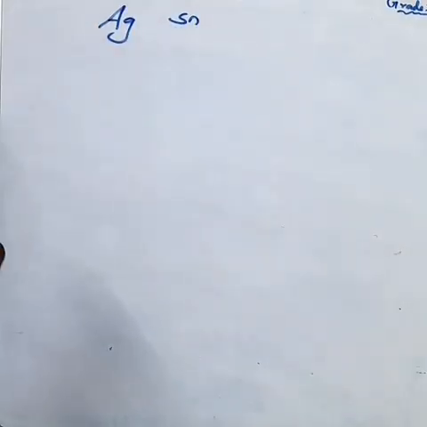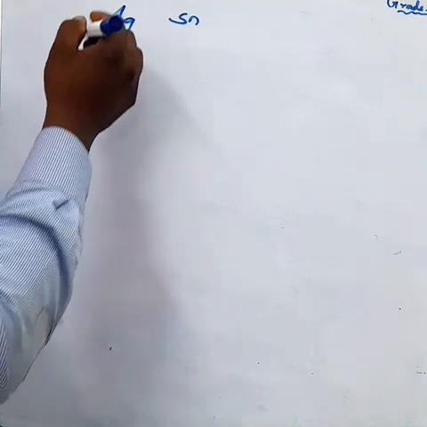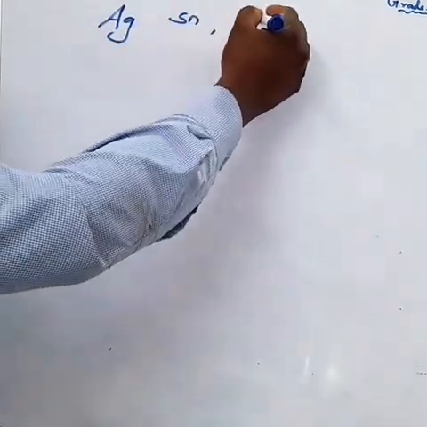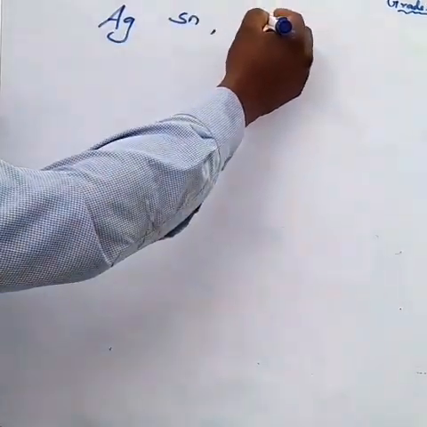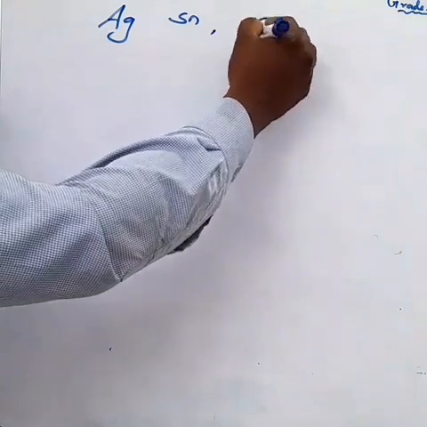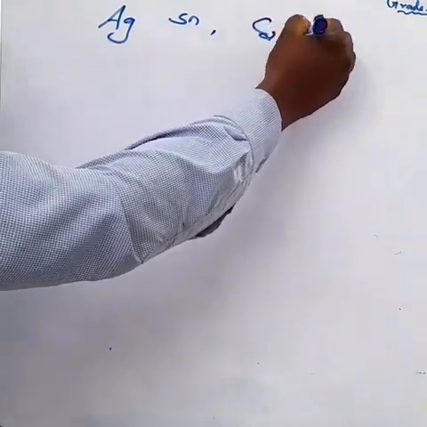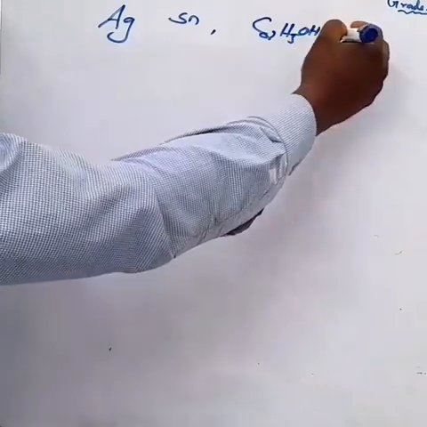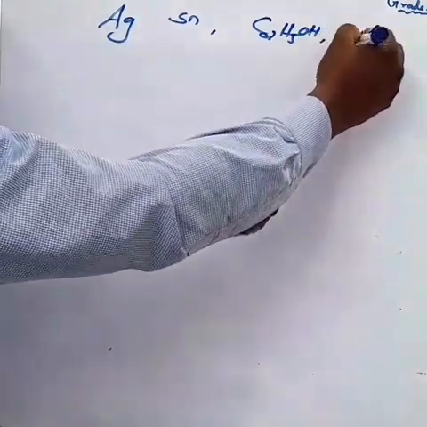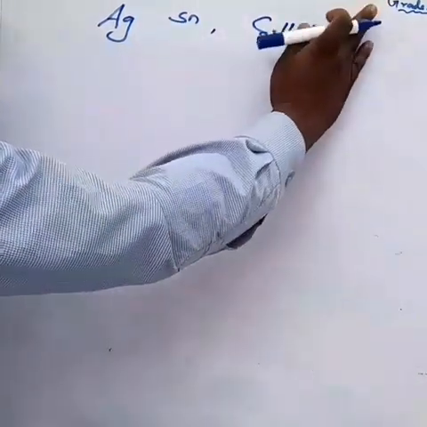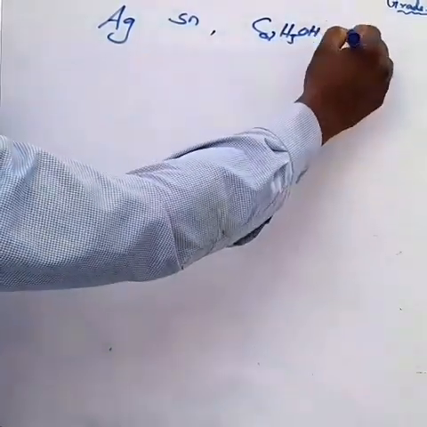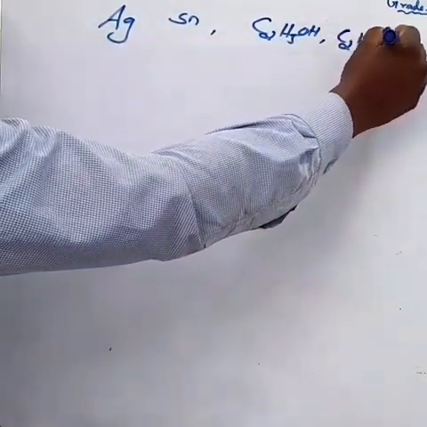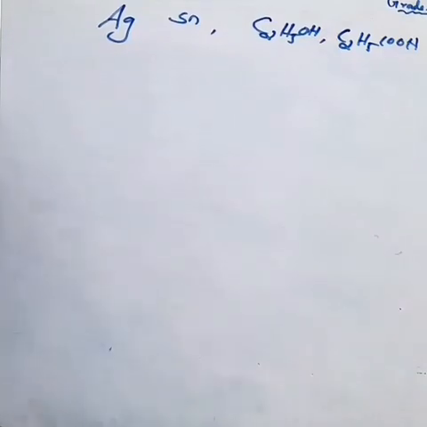And also another important point. What happens when phosphorus pentachloride reacts with ethyl alcohol? And what happens when PCl5 reacts with propanoic acid? We have to write the equations.